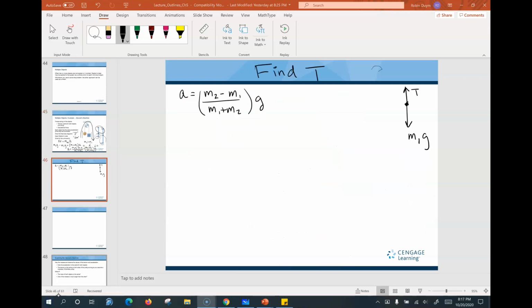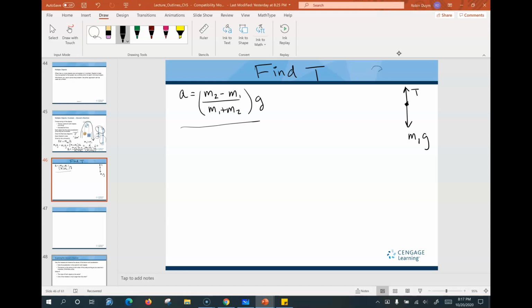Now if we want to find the tension in the string, we can remember that that tension is going to be the same throughout the entire string from side to side, because we're assuming that it is a massless, very light string, and we're also talking about the pulley being massless, just to simplify the problem in the beginning. So here's our acceleration. Here's our free body diagram I chose for mass 1.